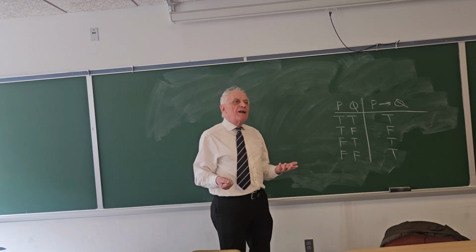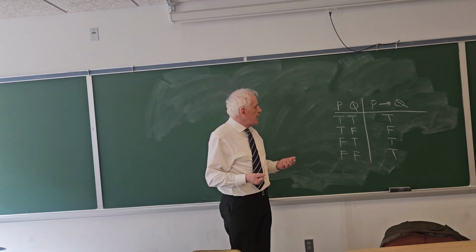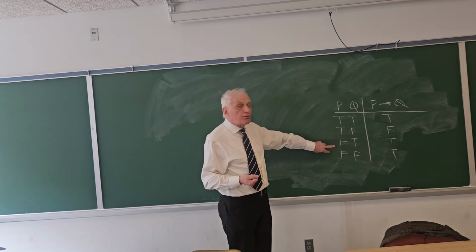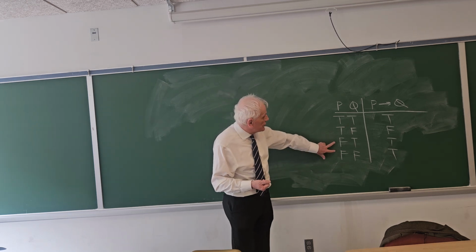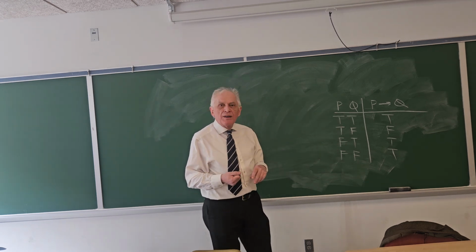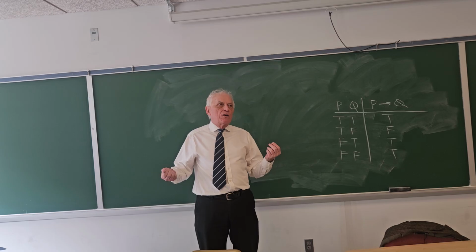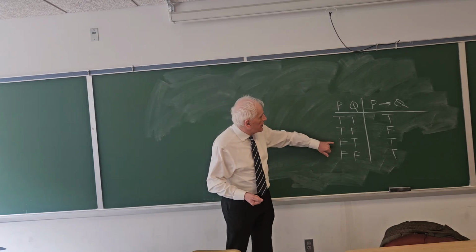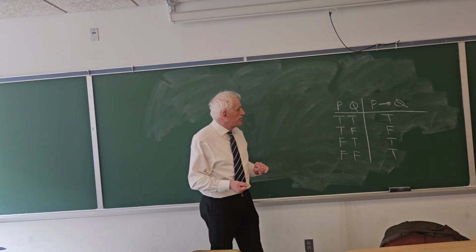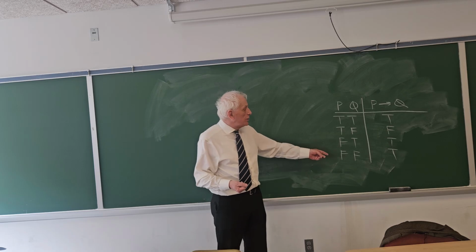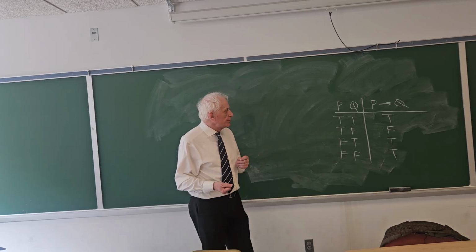Well, if you discovered the antecedent was false, that would tell you you're on either 3 or 4, because those are the 2 lines on which P is false. That wouldn't tell you anything, because you might be on line 3 where Q is true, or you might be on line 4 where Q is false.